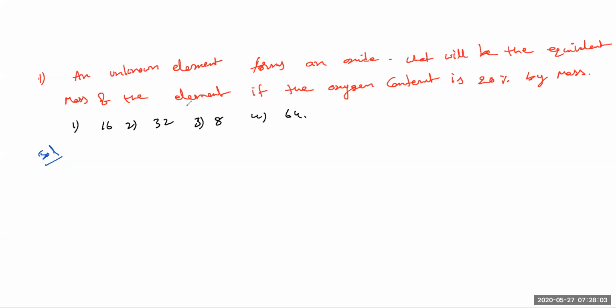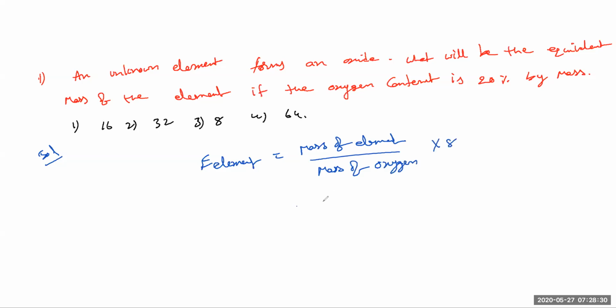I already told you the formula: equivalent mass of the element is equal to mass of element by mass of oxygen into 8.